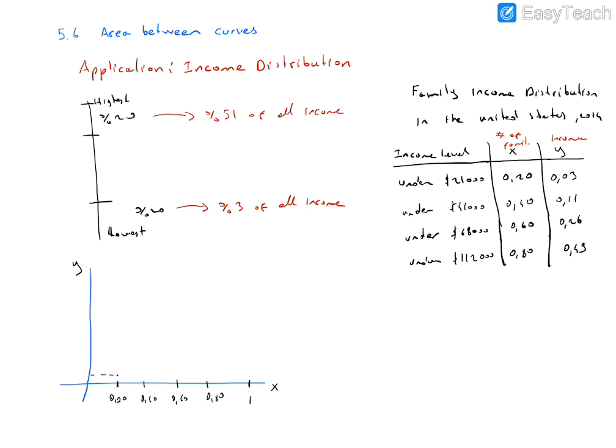This is 3%. Here, this is 0.11. Here, this is 0.26. And when this is 0.8, 0.49. I hope my scaling is good.